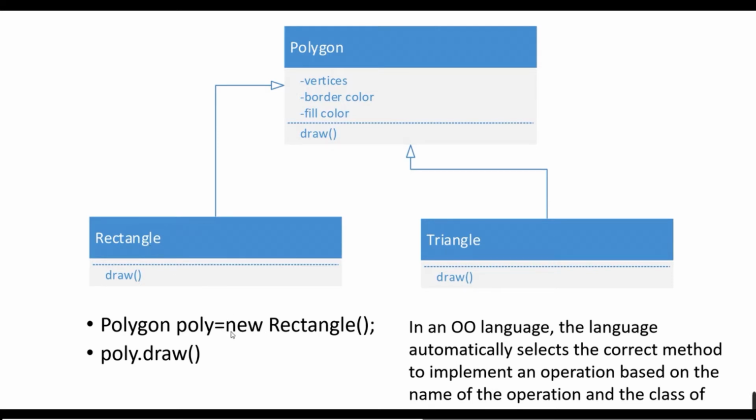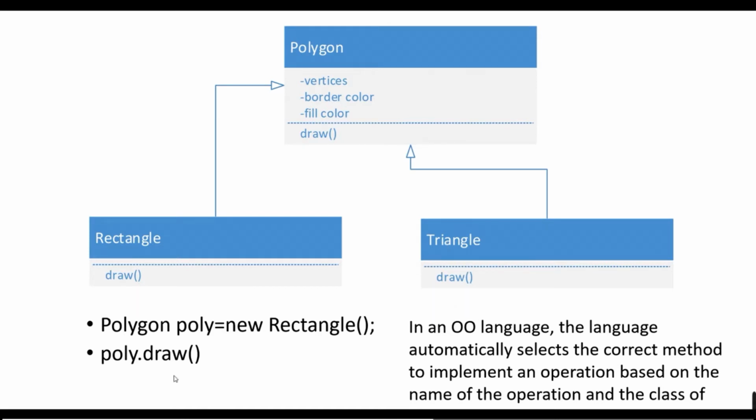But if you new a triangle here, it means this object is a new object of the triangle. Although you are calling the draw of the superclass, the language will use the implementation of the triangle.